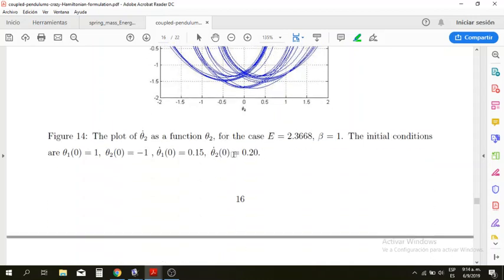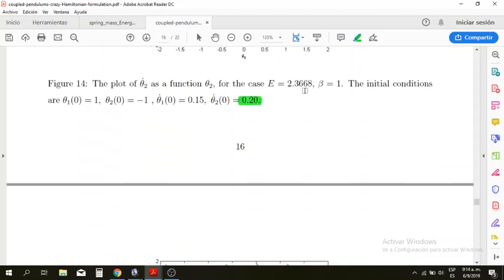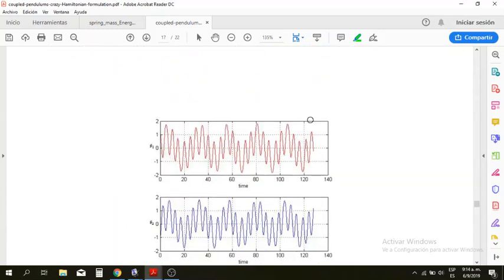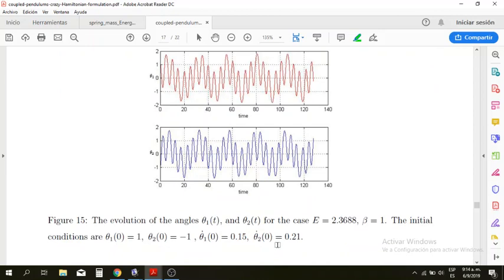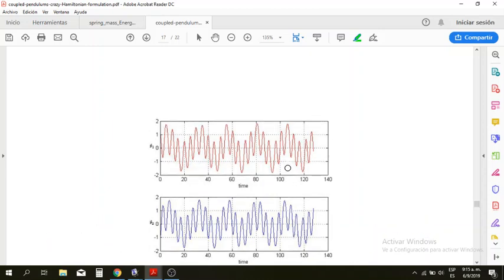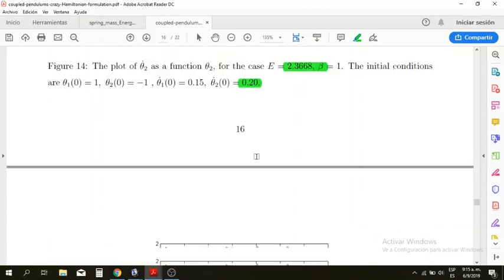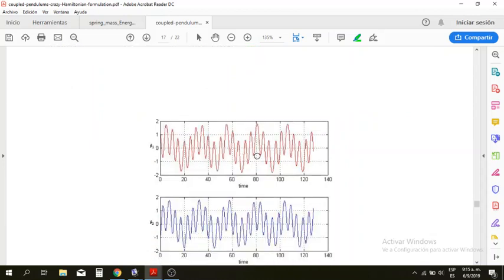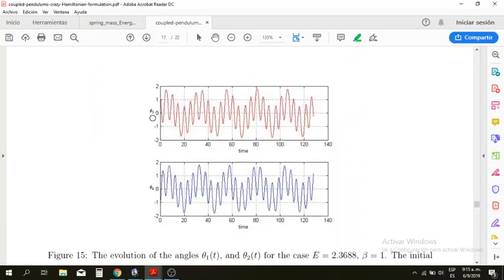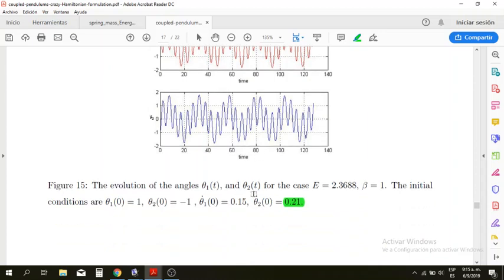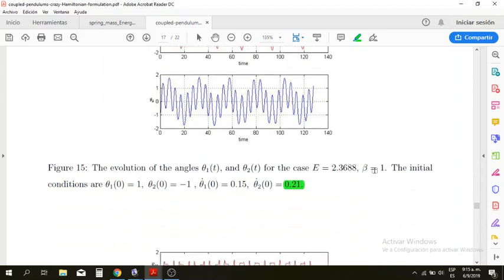In the next case, this is 0.20 and the energy is 2.3668, beta equal 1. I change the initial velocity of the second pendulum to 0.21. In the previous it was 0.20, and this is the evolution of the angle theta 1 as a function of time, and the evolution of the angle theta 2 as a function of time for beta equal 1.